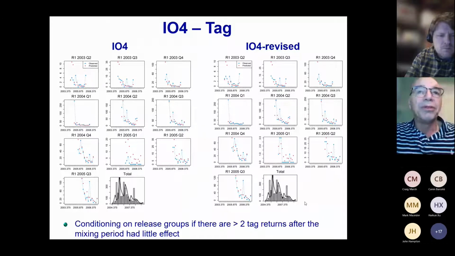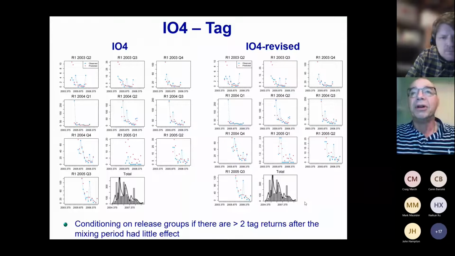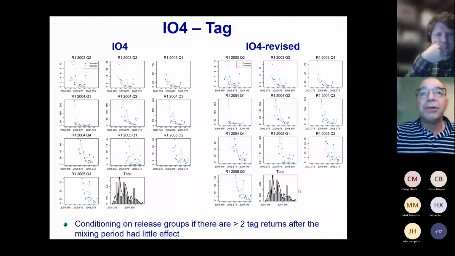But we did work with a mixing period of 4, and with this change, we did not see much change in the behavior here. In many of these cases, we see pretty good fits to the patterns.